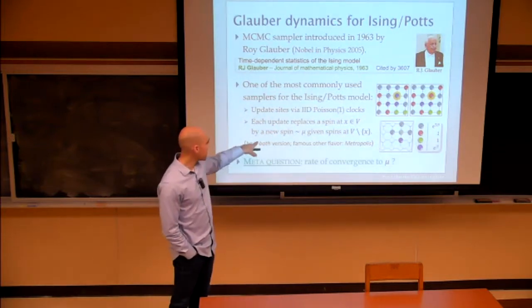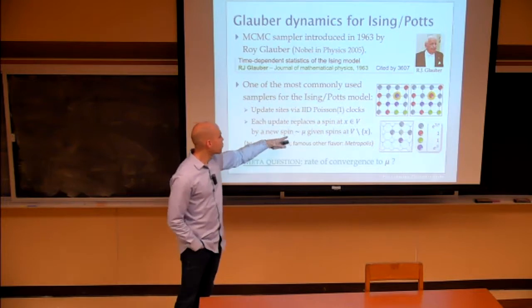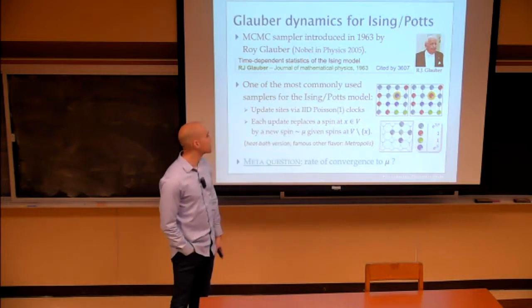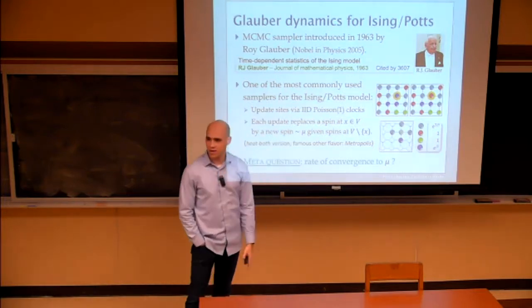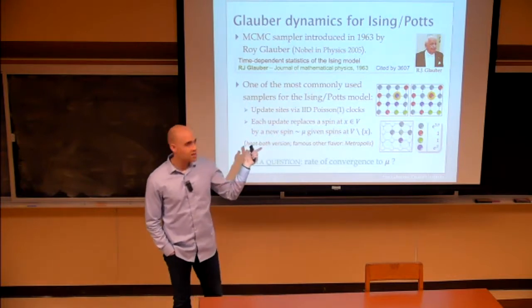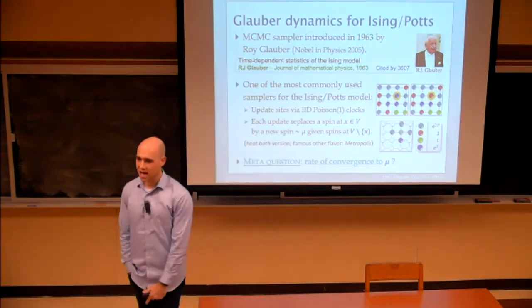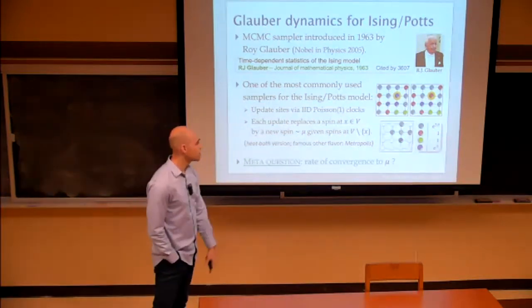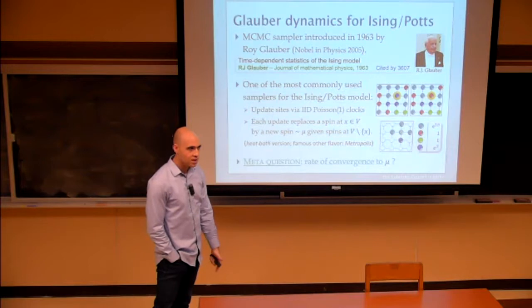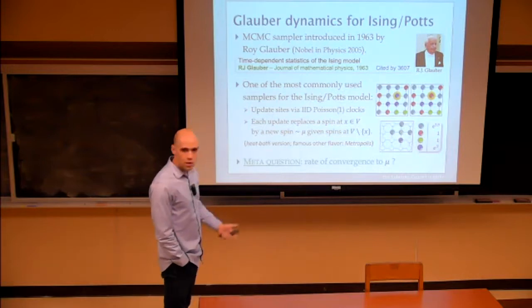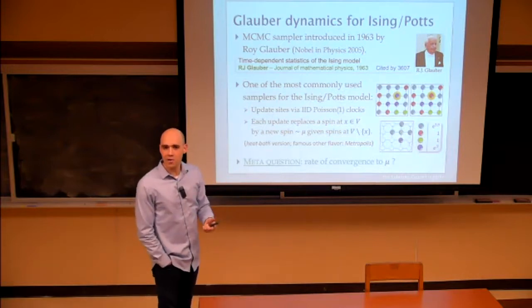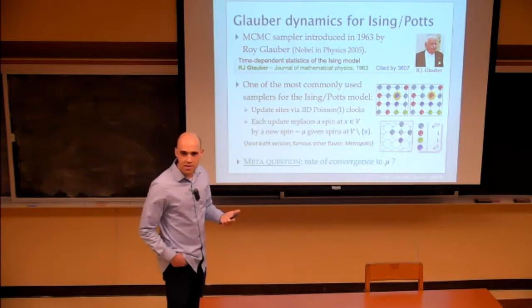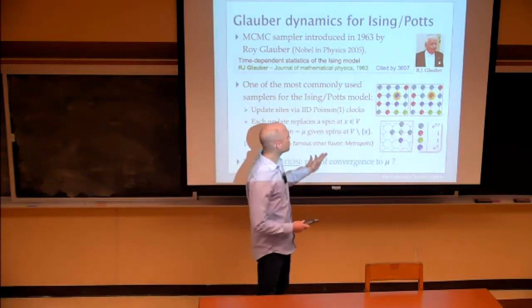I have an aside here, by the way. What do I mean by sample it according to mu given everything else? The reason that Glauber dynamics is what it's called, or heat bath Glauber dynamics, Metropolis is also a version of it, that they are so common in practice, is that it's really 2 lines to implement it in code. Because how do you do it?